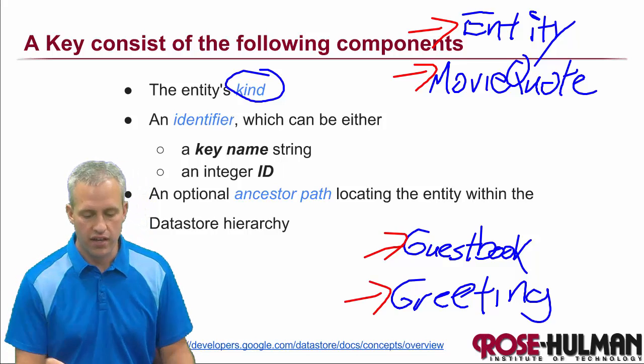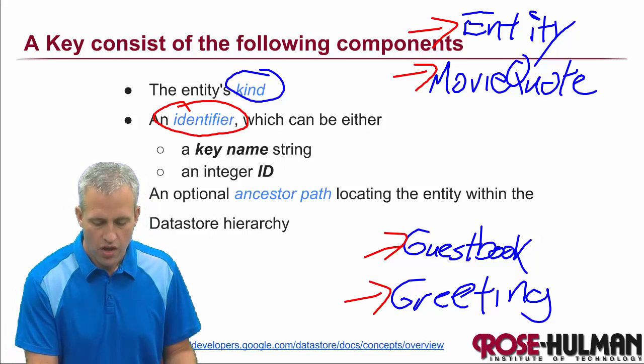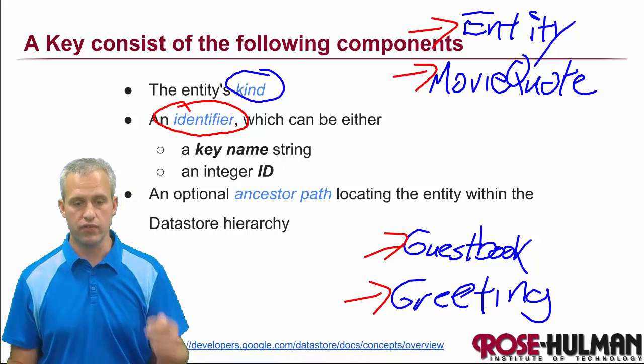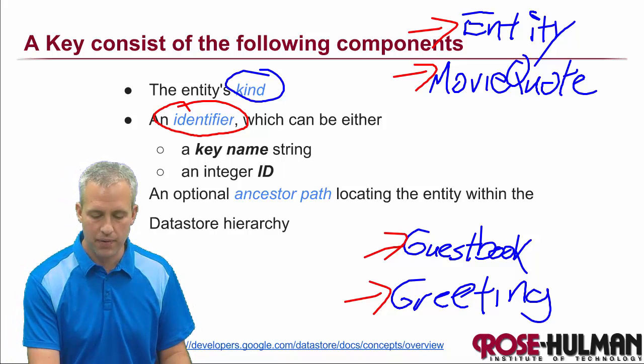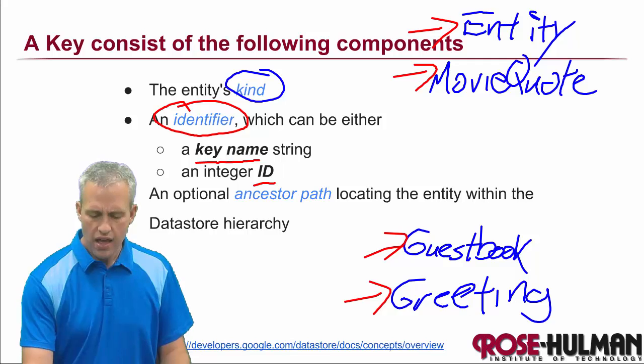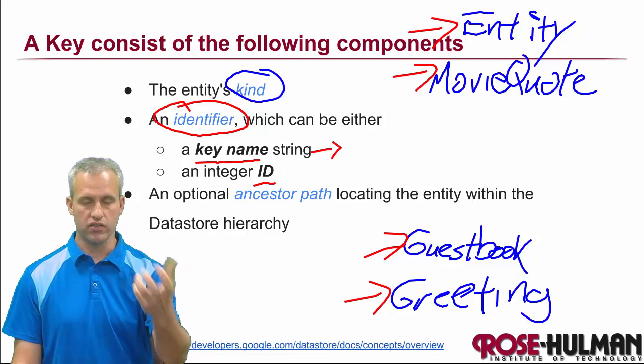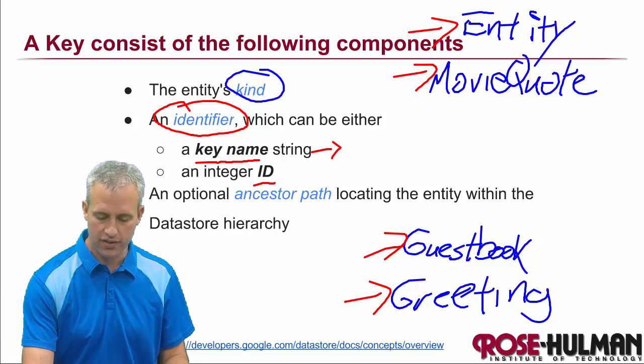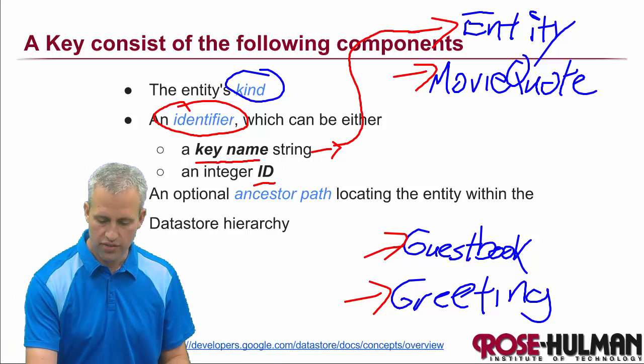The next thing in it is an identifier. An identifier comes in two flavors. An identifier can be a key name or it can be an ID, never both. It's one or the other. The key name is when you type the string, so you've actually picked a string. It turns out that in movie quotes we just hard-coded it.